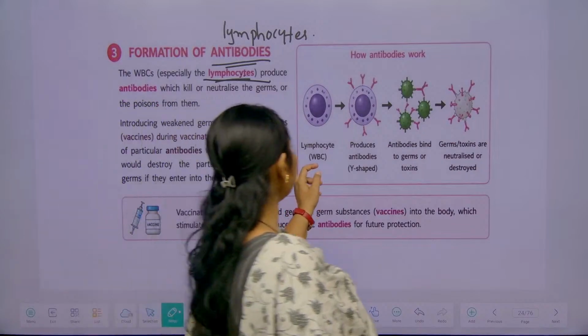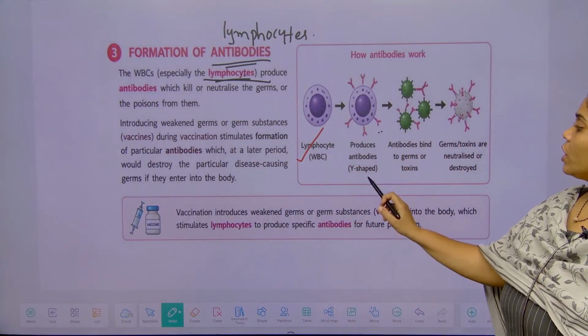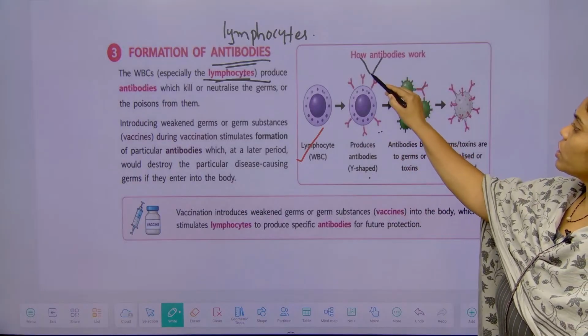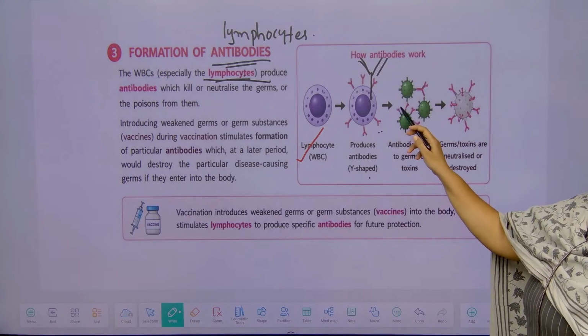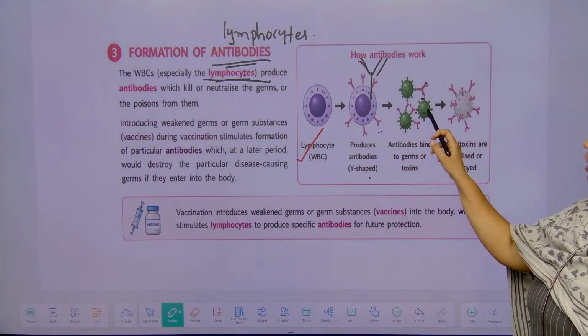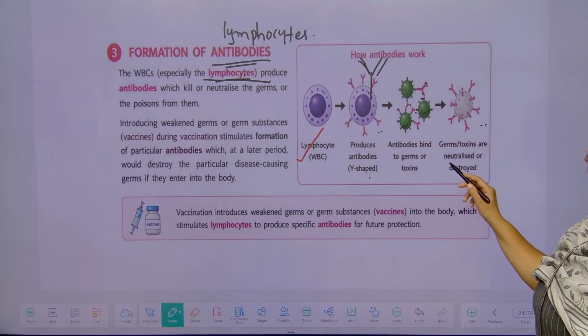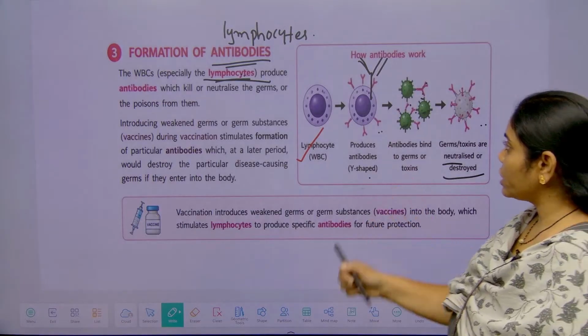Here you can see this is a lymphocyte. So this is producing what? Antibody. Antibody is always represented in a Y shape. See, these antibodies surround the toxic substance and it can be neutralized or destroyed. So this process is called what?